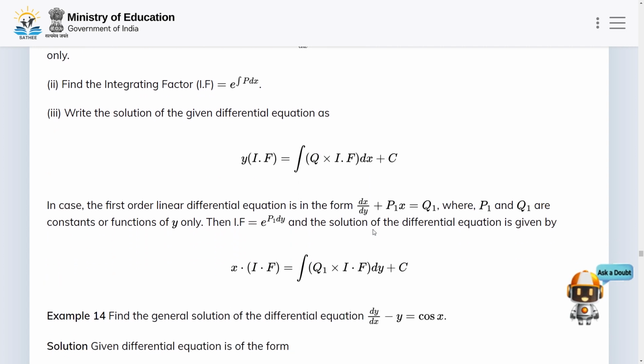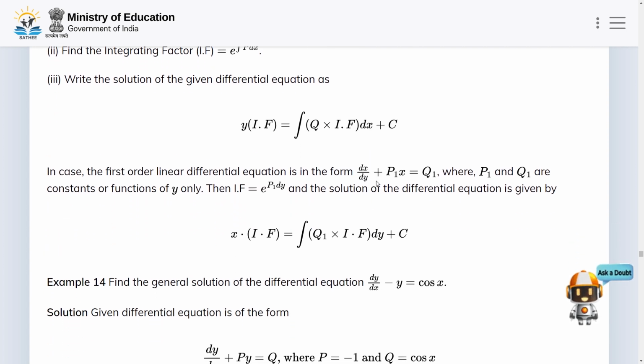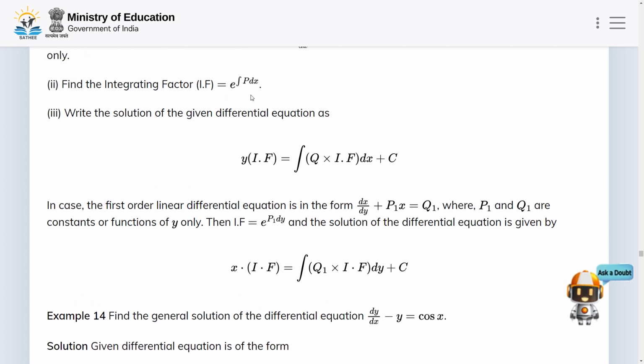But what about this case? dx by dy plus p1 x is equal to q1. The little difference will be what? Here you had the integrating factor as e power integral p dx.